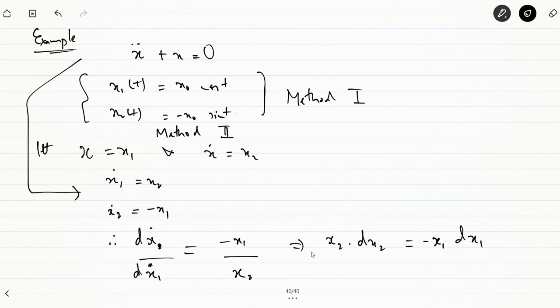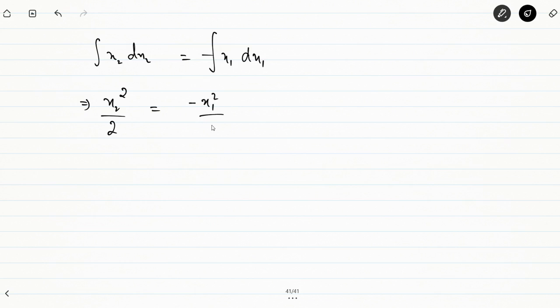So once you cross multiply, you will get x2 dx2 is minus x1 dx1. So integrating both sides, the integral of x2 dx2 is equal to minus integral of x1 dx1, which implies the integral of x2 dx2 will be x2 square by 2, the integral of x1 will be minus x1 square by 2 plus a constant c.